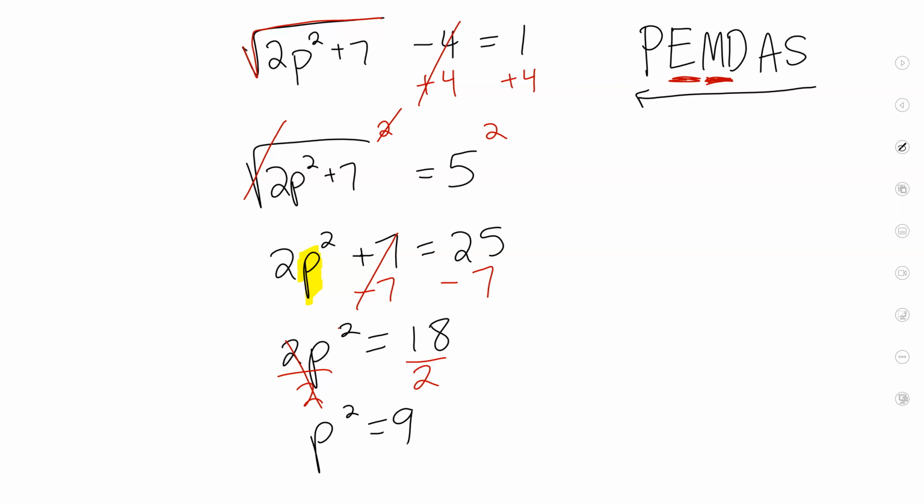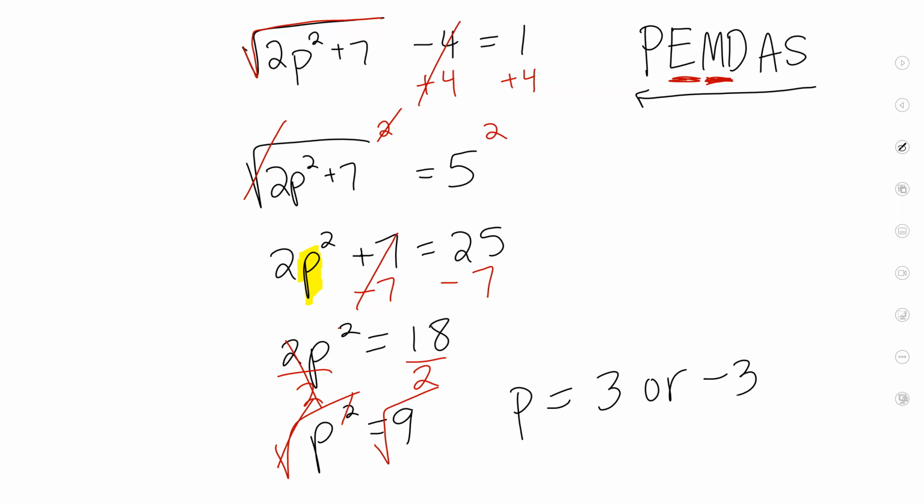Now let's deal with that exponent. How do I get rid of a squared? A square root. Square root both sides. So the square root symbol cancels out with the squared. So we are left with p equals, what is the square root of 9? 3. What else? -3.